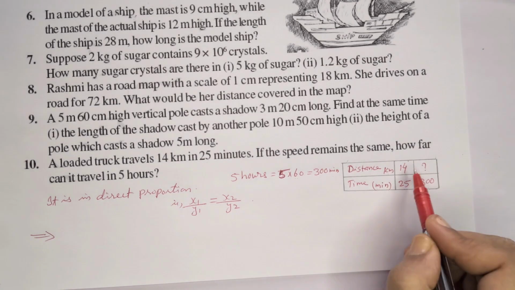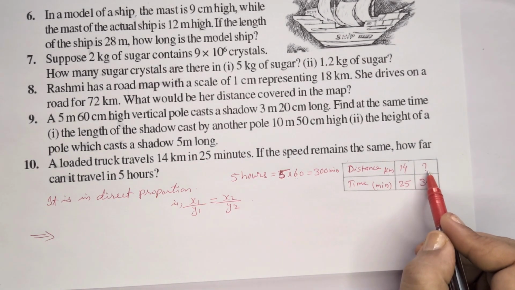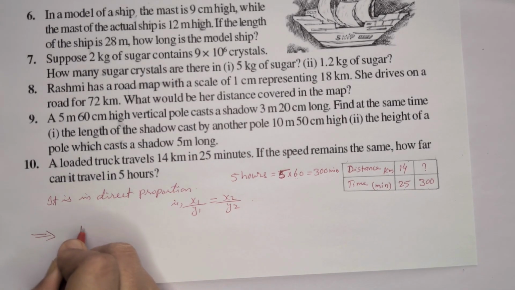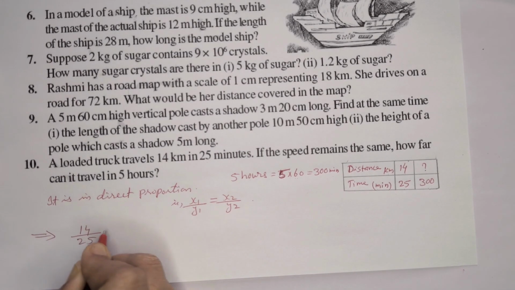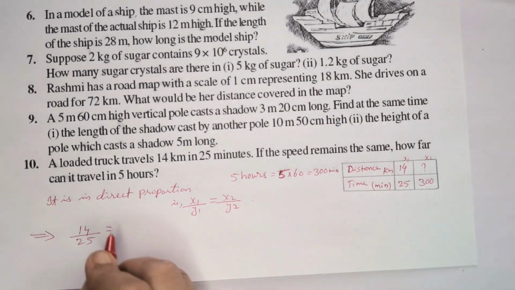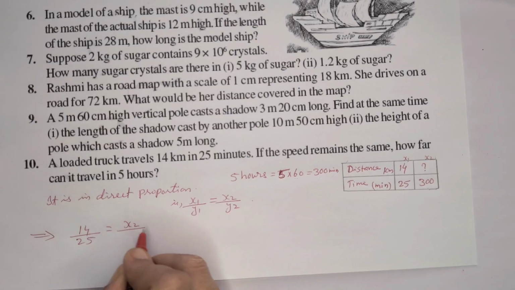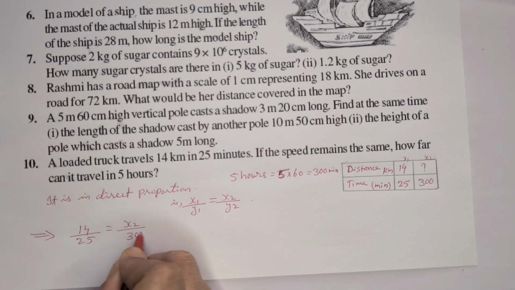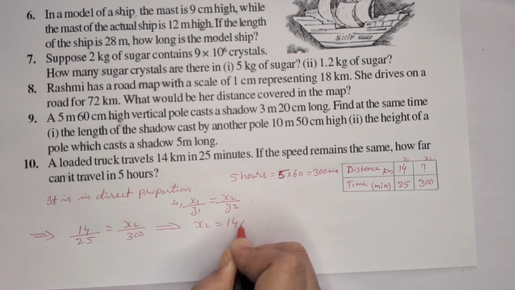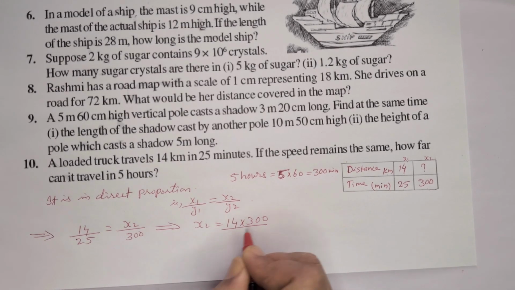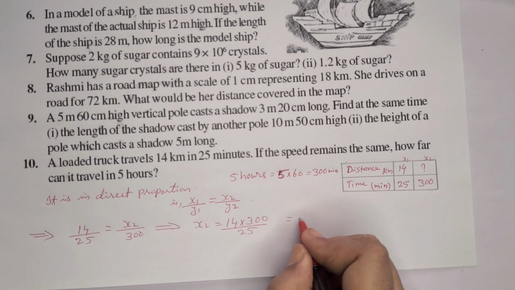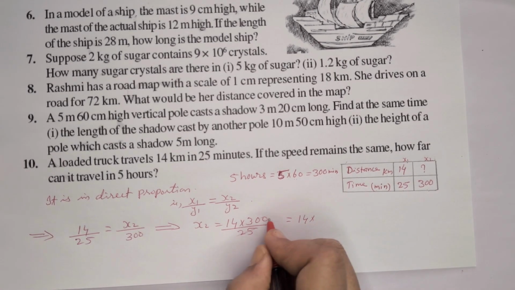In 300 minutes, how much distance can that truck travel? It is in direct proportion, so we can apply the values. That is 14 by 25 is equal to, we can mark these as x1, x2. x2 is missing, so x2 by y2, that means 300. From that, x2 is equal to 14 into 300 divided by 25, which is equal to 14 into 12, when we are dividing.